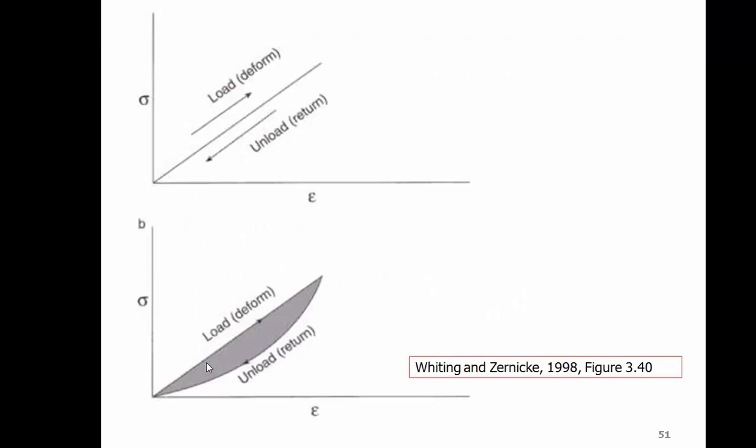The first basic principle of viscoelasticity is hysteresis, and we'll start with the figure up on the top left-hand corner of the slide. Here we see a typical stress-strain relationship of some type of material.